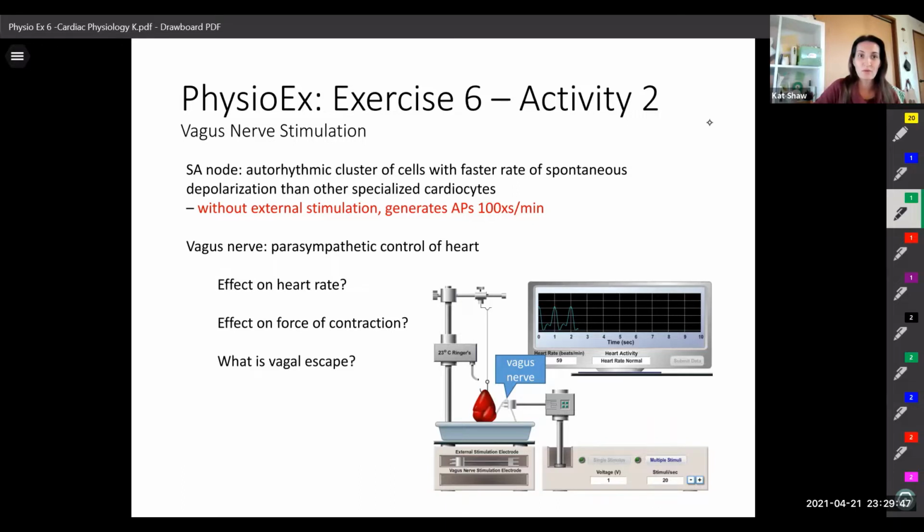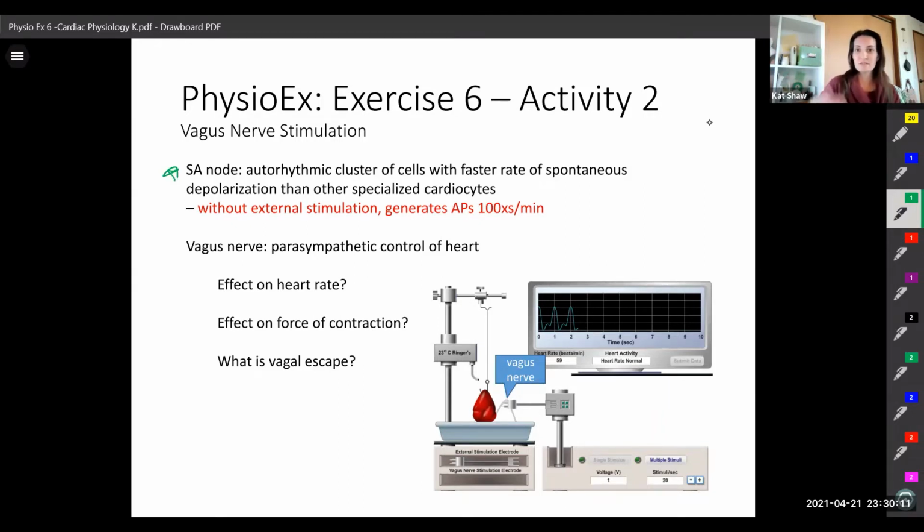Here we're looking at what stimulation of the vagus nerve will do specifically to heart rate in this activity. But I also ask you about the force of contraction so that we keep in mind the parasympathetic influence over the heart in general, right? And so PhysioX reviews the fact that the SA node is the set of pacemaker cells.